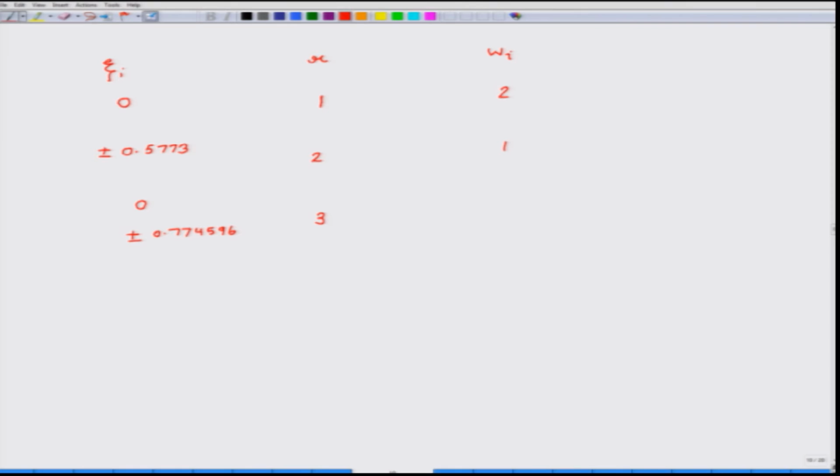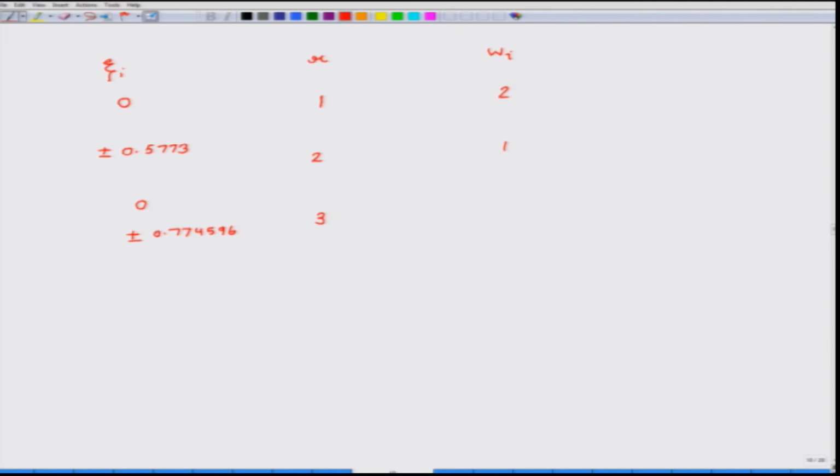But you can explore the literature to find the mathematical basis for this. So when R is equal to 3, you have 3 Gauss quadrature points. One point is located at 0, and the other 2 points are located at plus minus 0.774596. Okay.